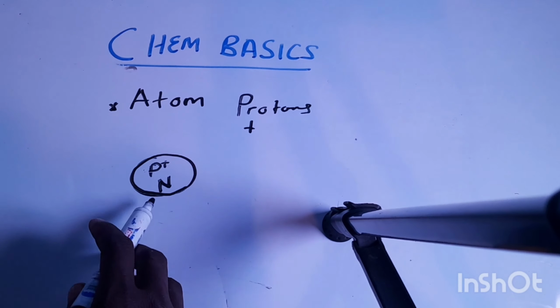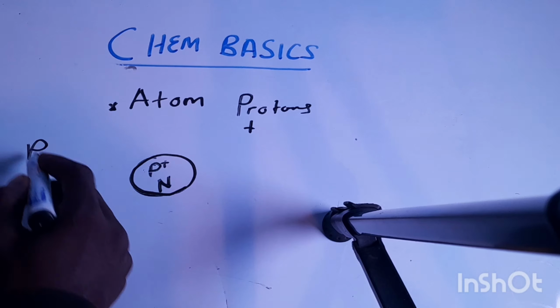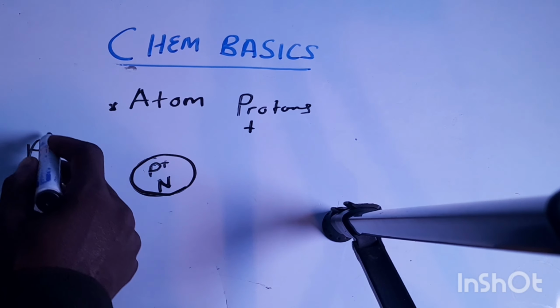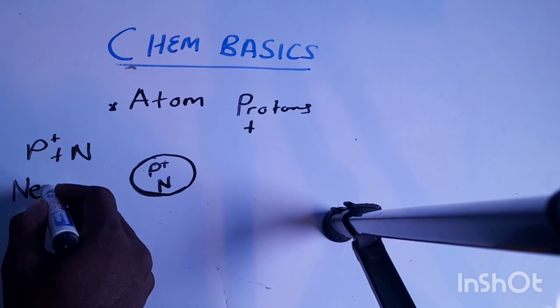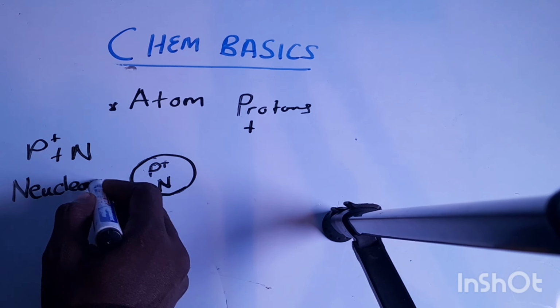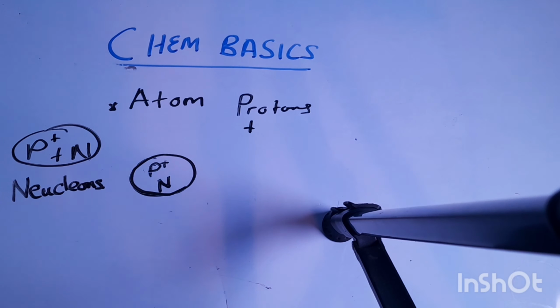When protons and neutrons are added together, we get what we call nucleons.